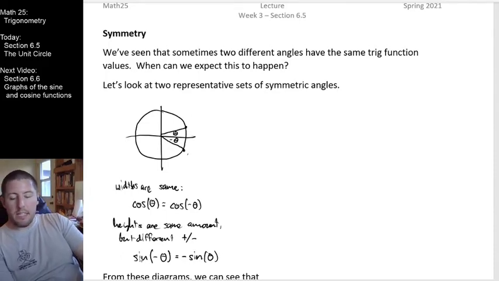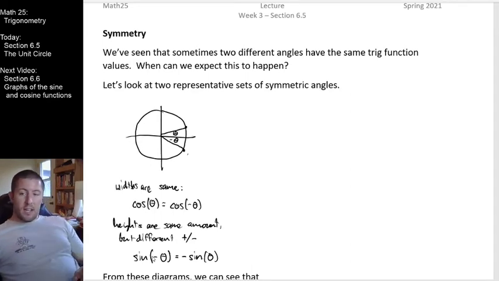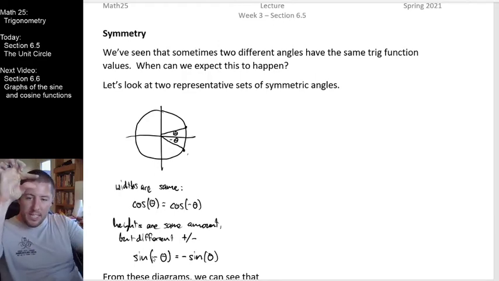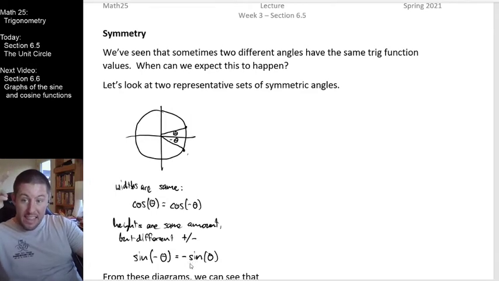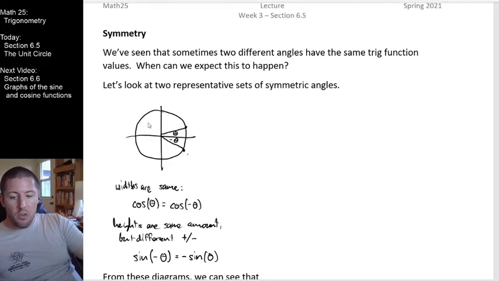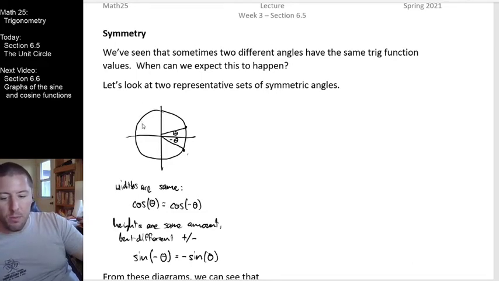So if I ever ask you to compute the sine of a negative angle, it's algebraically and trigonometrically appropriate for you to take the negative that's on the inside of sine and pull it to the outside, and that will actually be the same thing. That's a legit move. And we can just see it graphically with these guys.